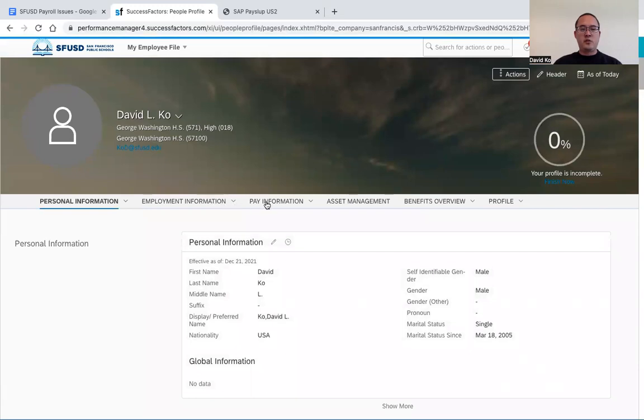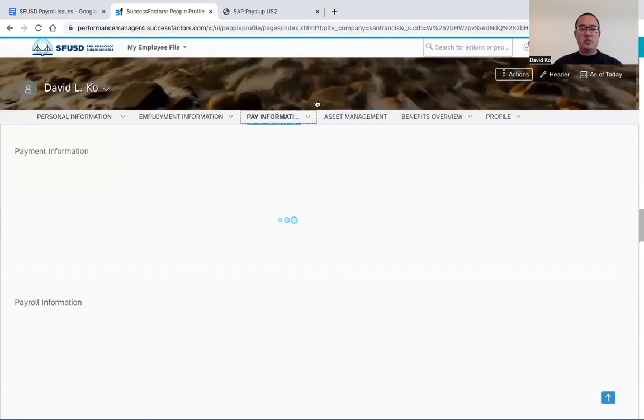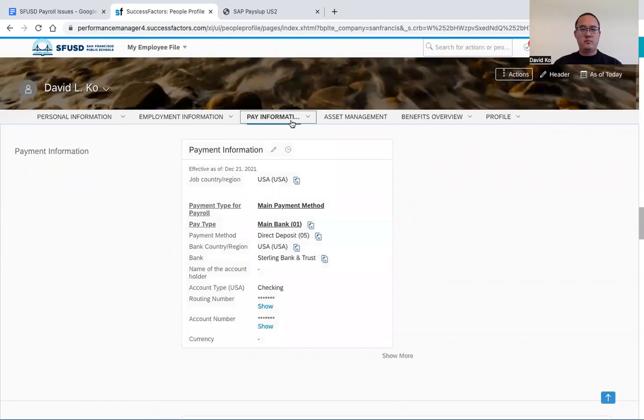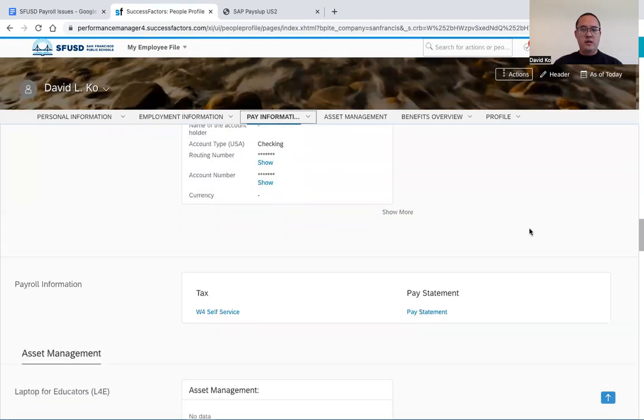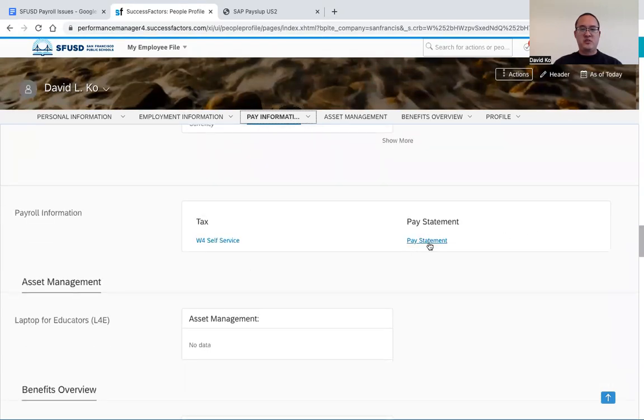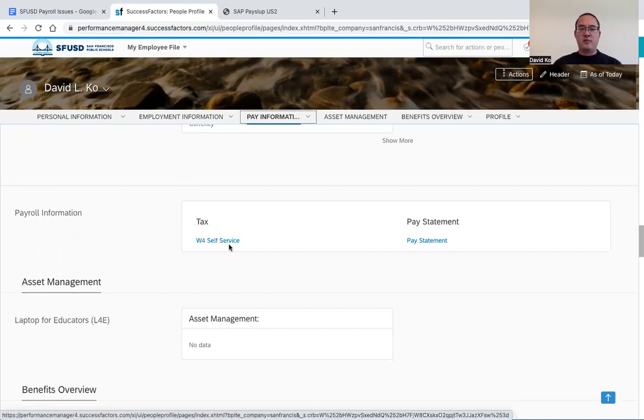And from there, instead of going to employment information, go to pay information. Specifically, there's an option here for pay statement. Note that it's at this point that if you wanted to verify the W-4 information was correct, you would click over here in order to verify it.